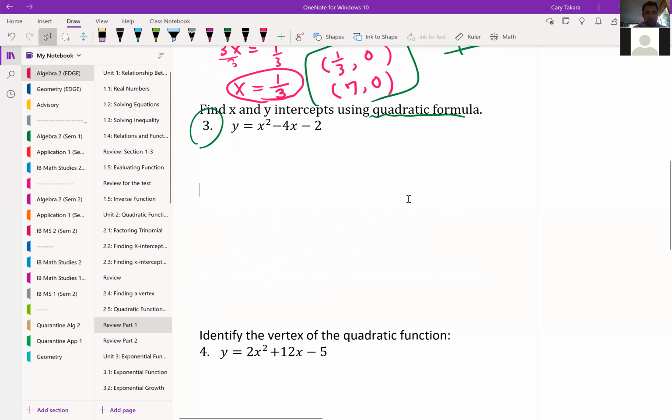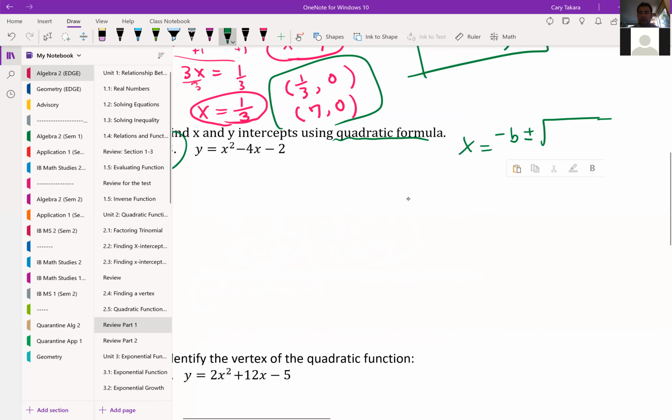The quadratic formula is, in case you don't have it, negative b, or opposite of b, plus or minus the square root of b squared minus 4ac, over 2a.